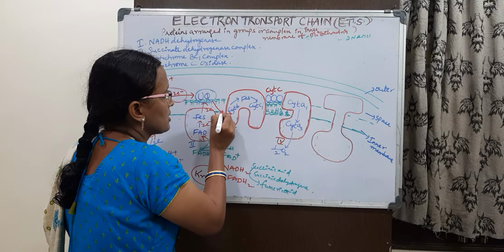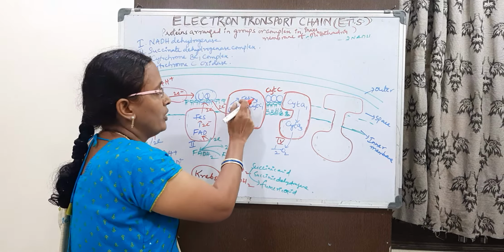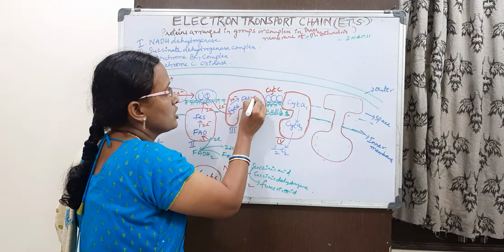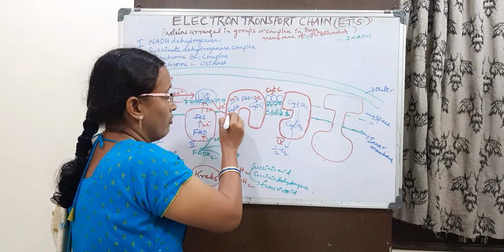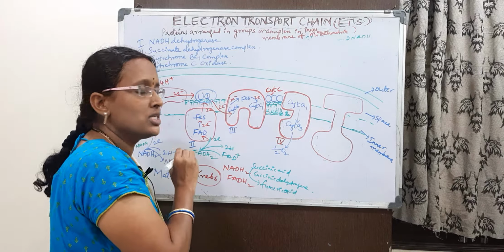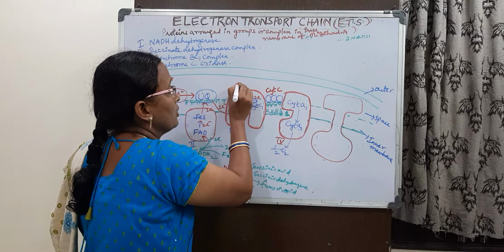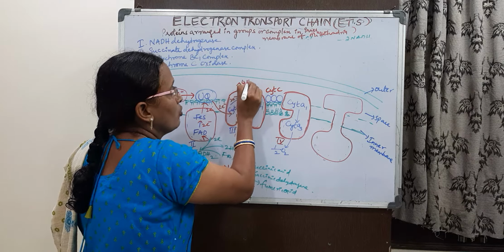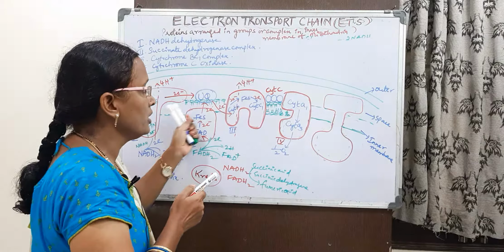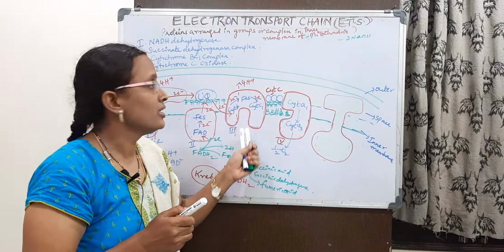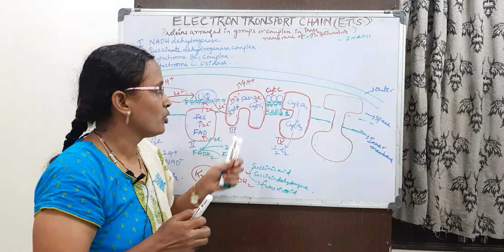From ubiquinone the electrons are moved to the third complex. The third complex contains cytochrome B, FeS, and then cytochrome C1. When they are moving, some energy is released, and that energy is used to pump four protons into the mitochondrial space.